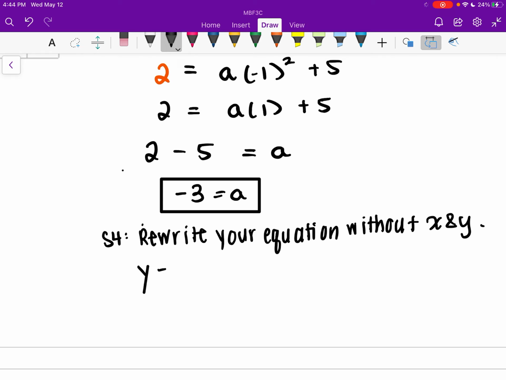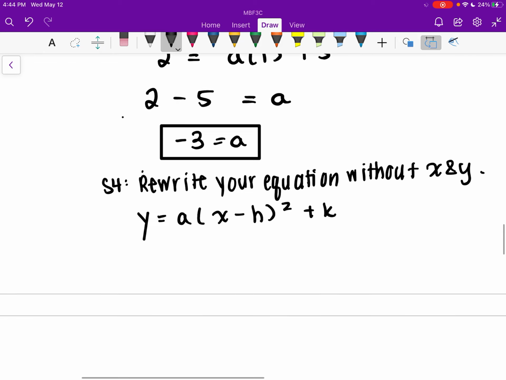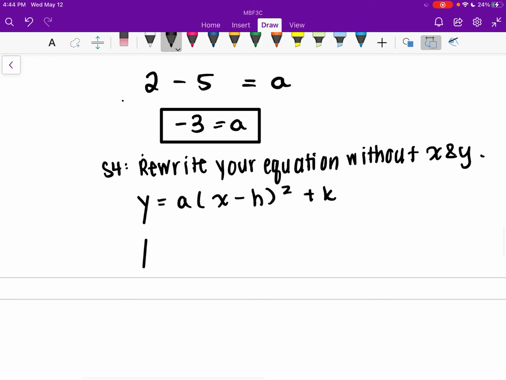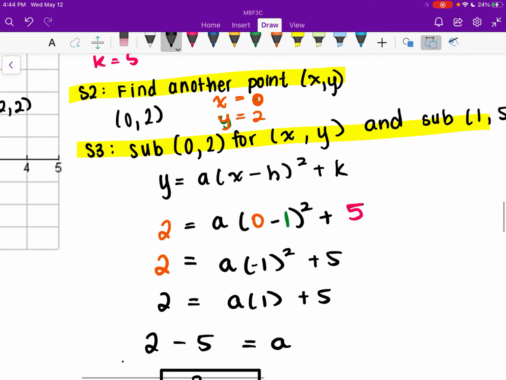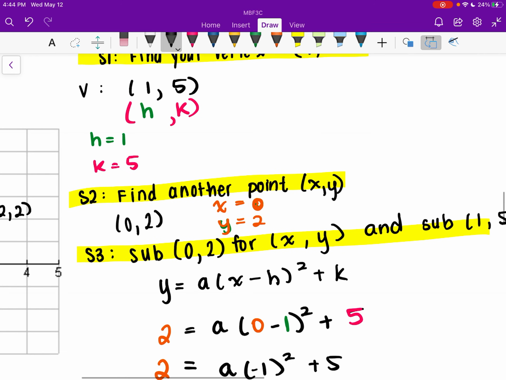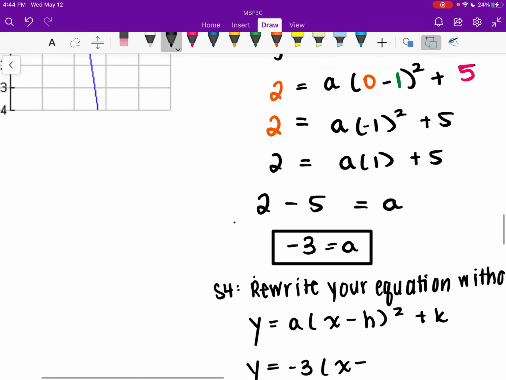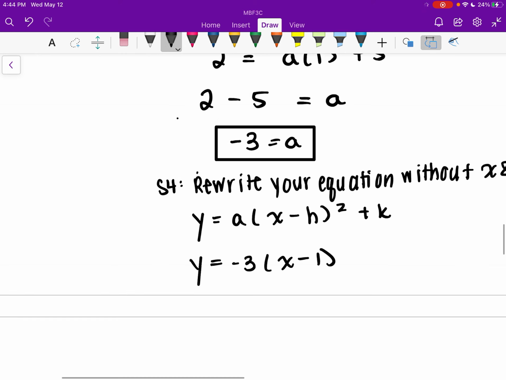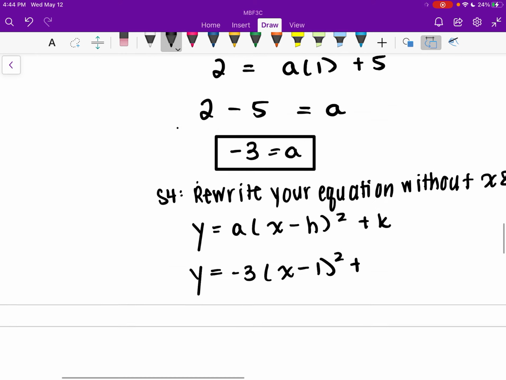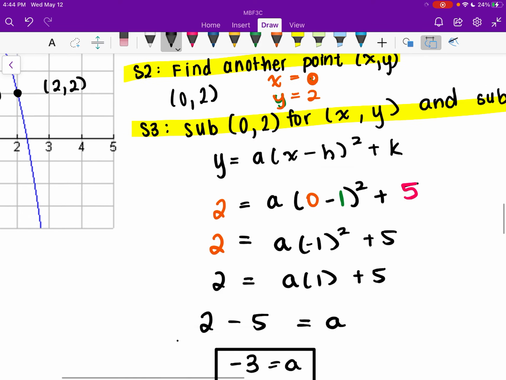So I'm going to say y is equal to a(x minus h) squared plus k. Don't know what y is. I know a is negative 3. We're going to get rid of the x. h we said was 1, minus 1 squared plus k, which our k value we said was 5.